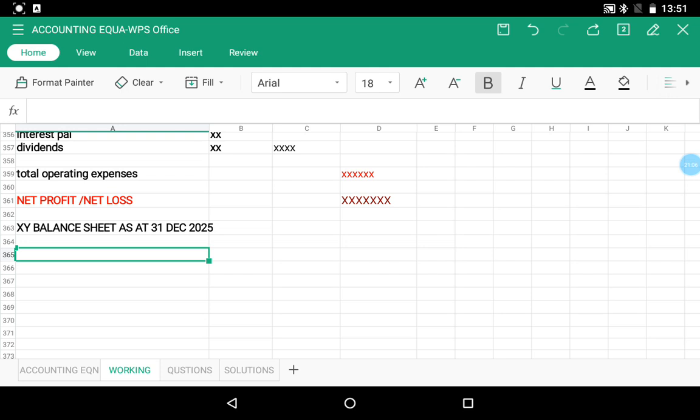Here under balance sheet, our total assets must be equal to our total equity and total liabilities.